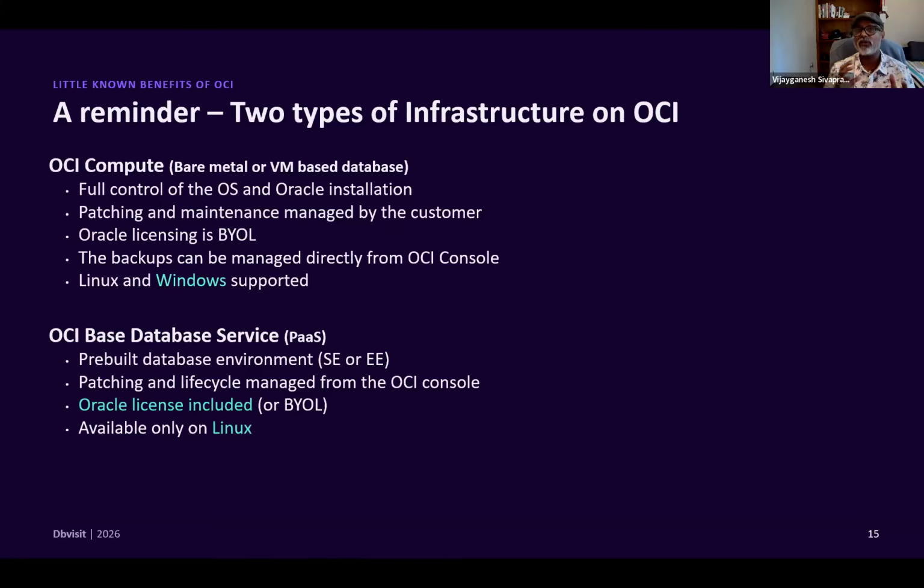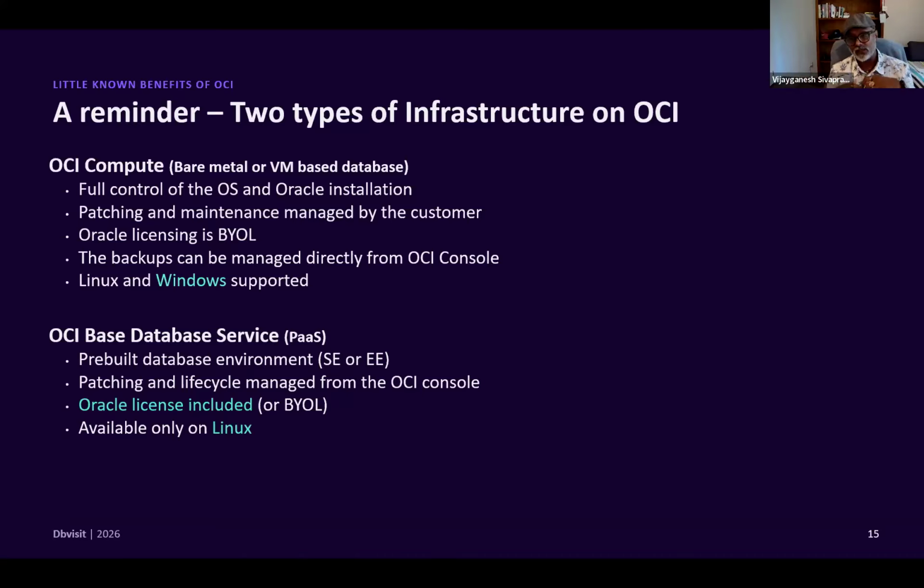But with OCI base database services, the environment is pre-built, whether it's Standard Edition or Enterprise Edition. You can provision your database along with your environment, where you have access to your OS, and it creates your Oracle home and your database as well. And the patching lifecycle is completely managed from the OCI console, so you don't have to apply manual patches anymore. You can click on the OCI console for a specific environment and apply a grid patch and database patch to the latest version easily.